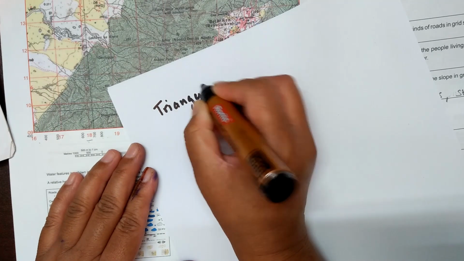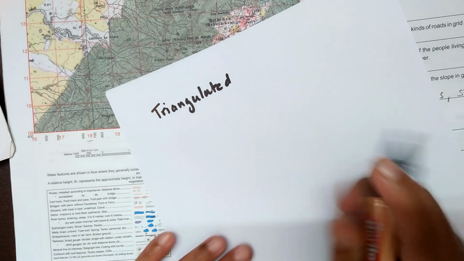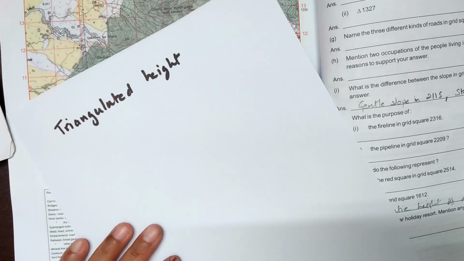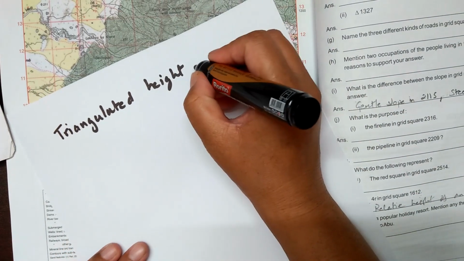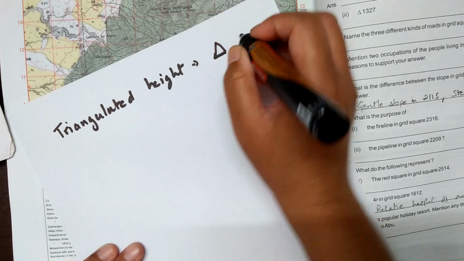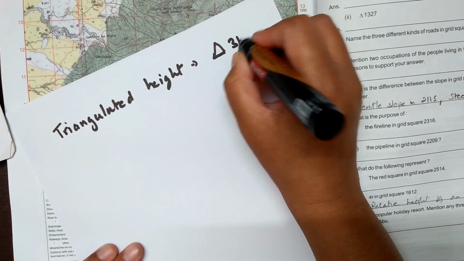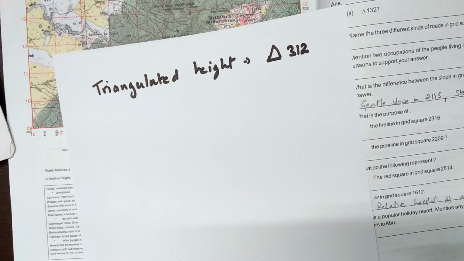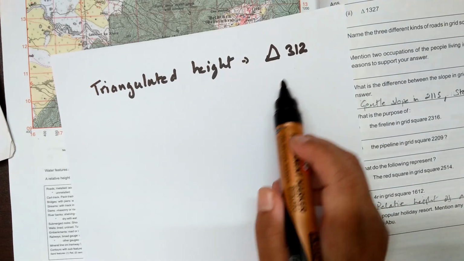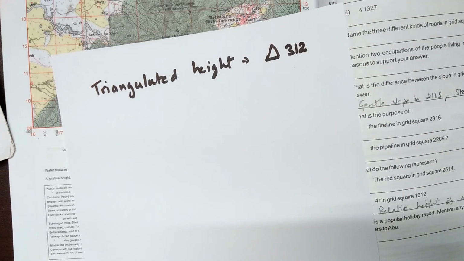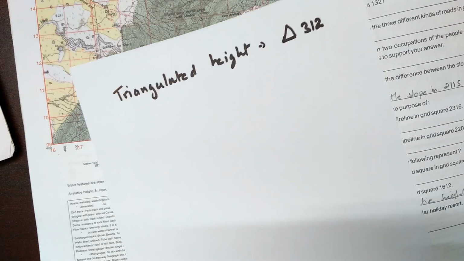Triangulated height. Now what is this triangulated height? In your topo map, sometimes you might have seen a triangle with a number given, like triangle 312, and the question might be, what does a triangle 312 signify? It's very simple.